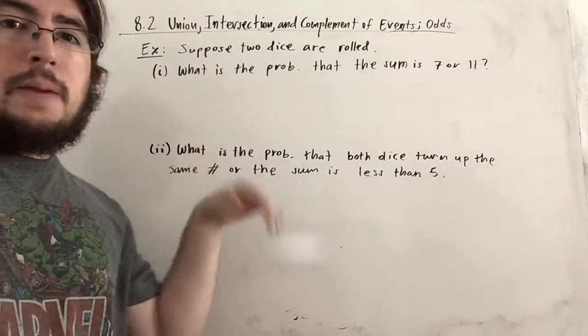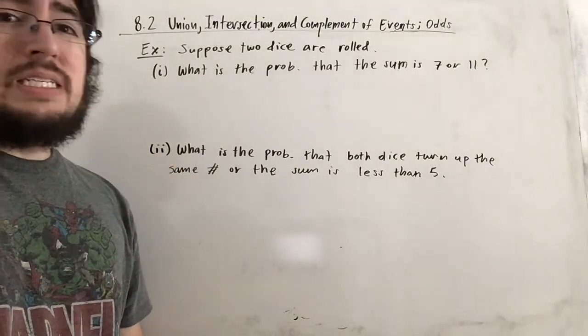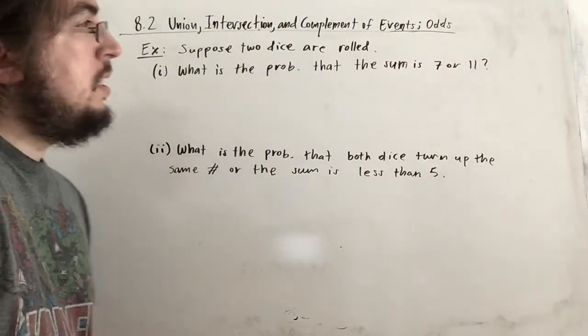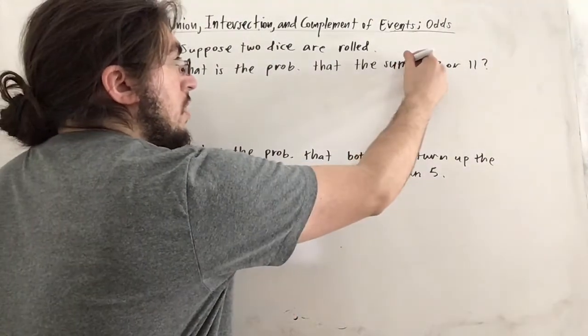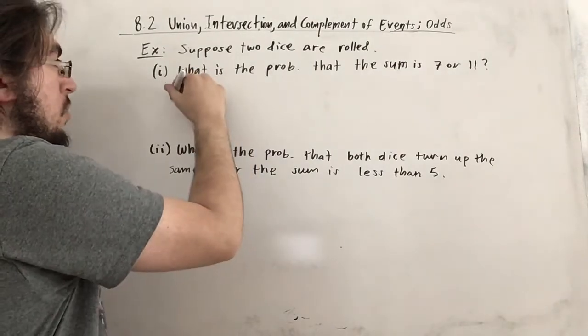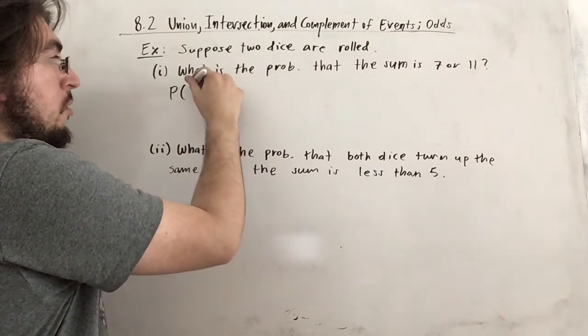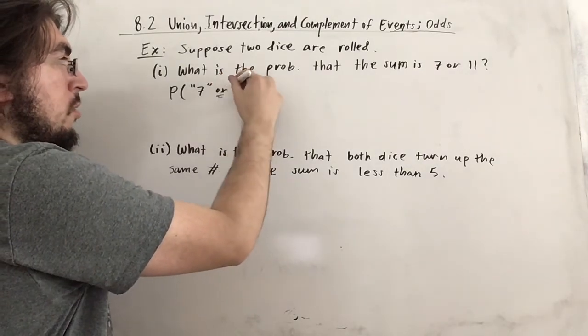And these are 2 separate questions. So the first one says, what is the probability that the sum is 7 or 11? In order to find out, just so I don't have to write too many words here, we want to find the probability that we roll a 7 or we roll an 11.